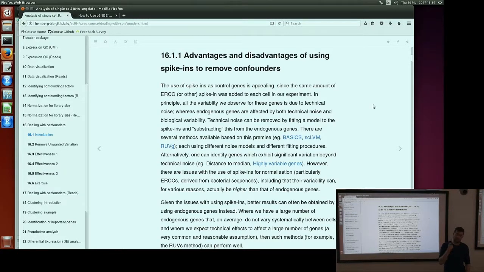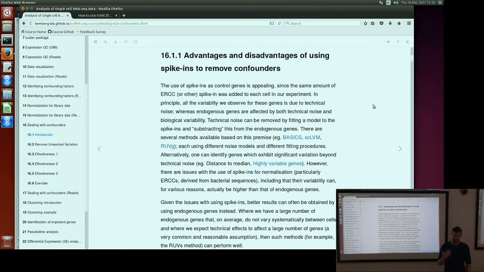And of course, if something goes wrong with the ERCCs, and I've had this happen, that different batches of plates processed at different times, basically some were processed with what we can only assume was a faulty batch of ERCCs, and so our ERCC gene levels are not at all comparable between batches, which obviously defeats the entire purpose. So they can be useful, but they can't be applied blindly either.